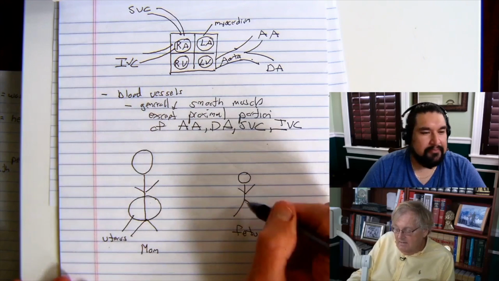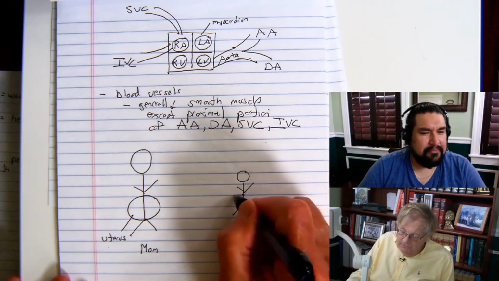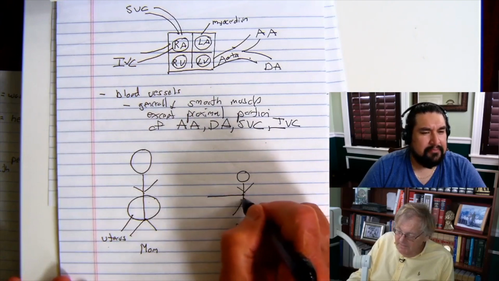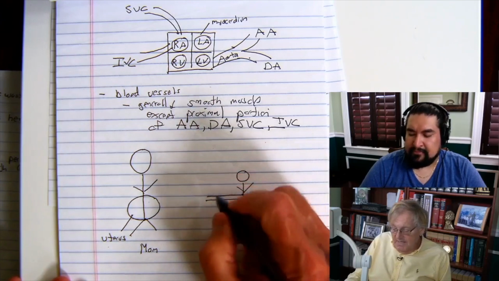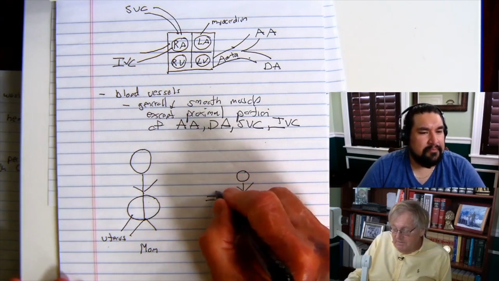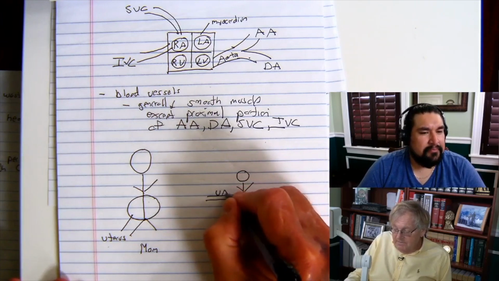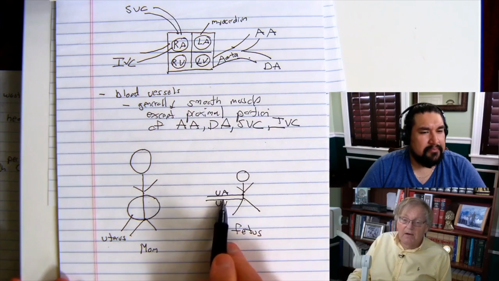And coming out of your umbilicus here was a structure, and I'm just going to put two of them in here for today's purposes. These are variations, that's why I'm putting two. This is going to be the UA, and this is going to be the UV, the umbilical artery and the umbilical vein.